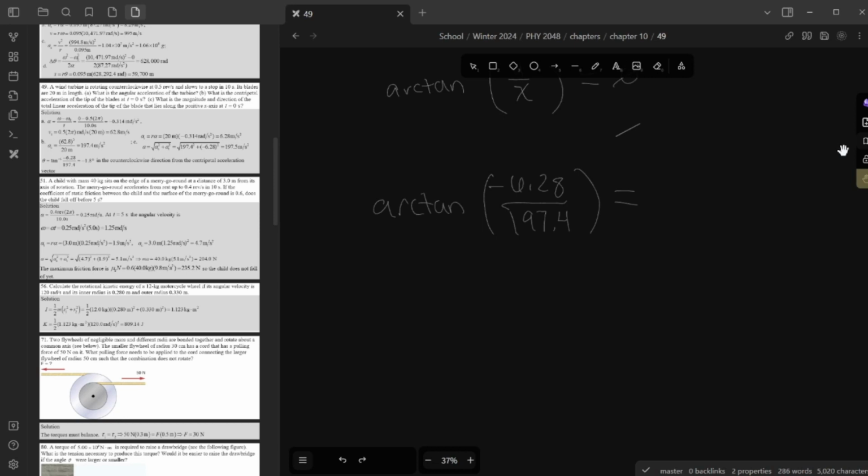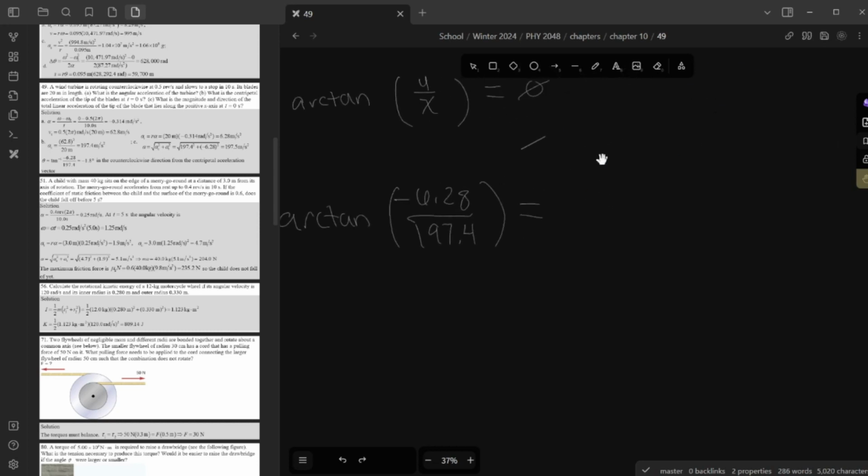Okay, so let's try this again. Ooh, okay, I was wondering why I was getting a weird answer, but it was actually because my calculator is in radians.